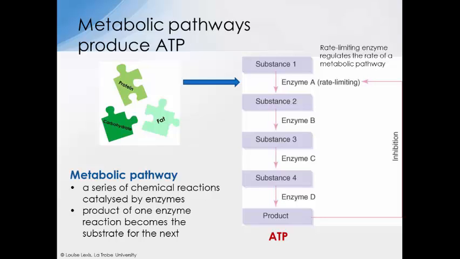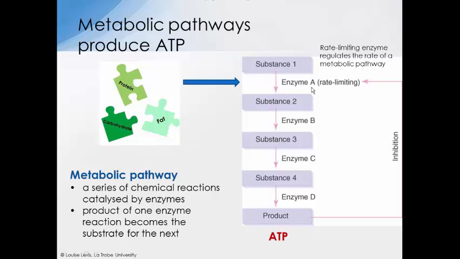Rate-limiting enzymes typically occur early in a pathway, as shown here, and what they do is they regulate the rate of the metabolic pathway. So in other words, they regulate the speed of the metabolic pathway. So if you think of this pathway like an assembly line in a factory, enzyme A would represent the first person on the assembly line.